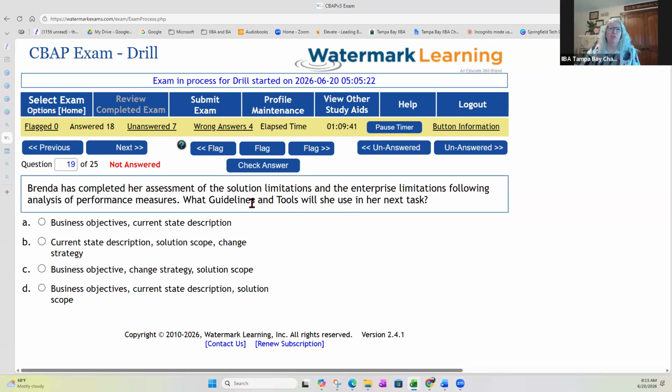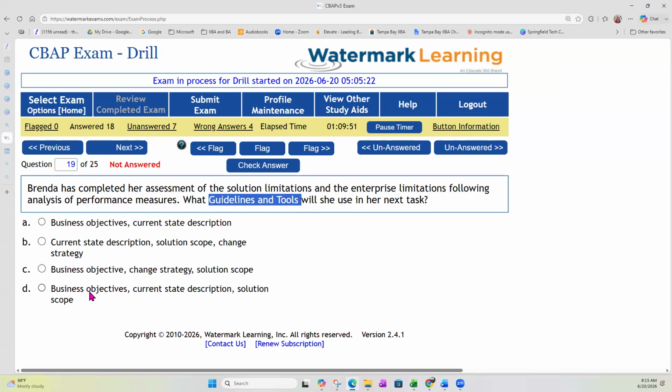You're correct. So the guidelines and tools for that task, let's see, is business objectives in there? I think she already used them to describe the solution limitations and enterprise limitations. Performance measures are also already done.